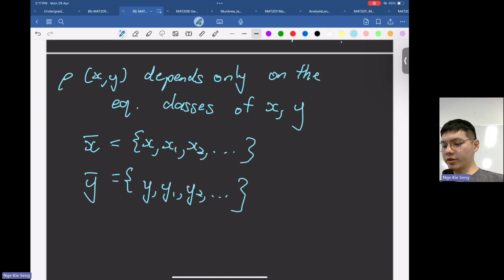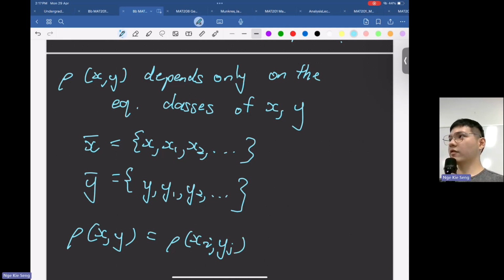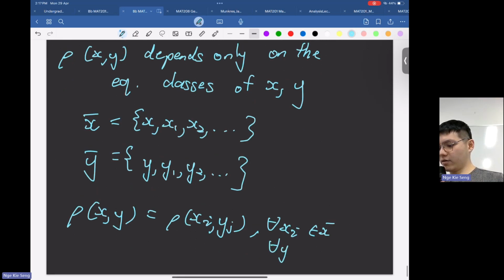You need to show that rho(x, y) equals rho(xi, yj), for all xi in the equivalence class of x bar and for all yj in the equivalence class of y bar. They could come from two different equivalence classes, not necessarily from the same one. If coming from the same one, then it's easier.